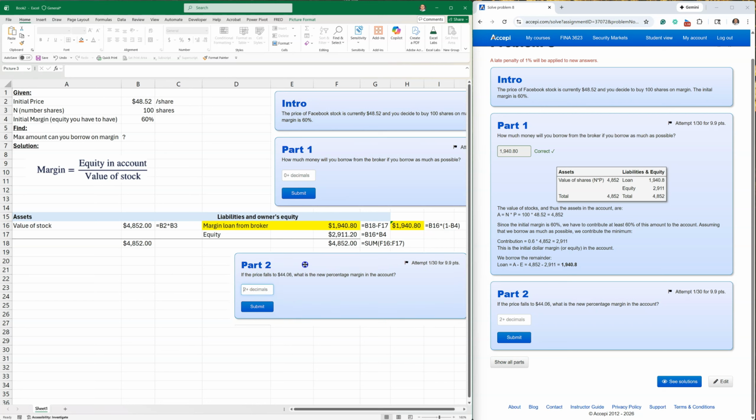So for part 2, we're given that the price fell to 44.06, and that's dollars per share.